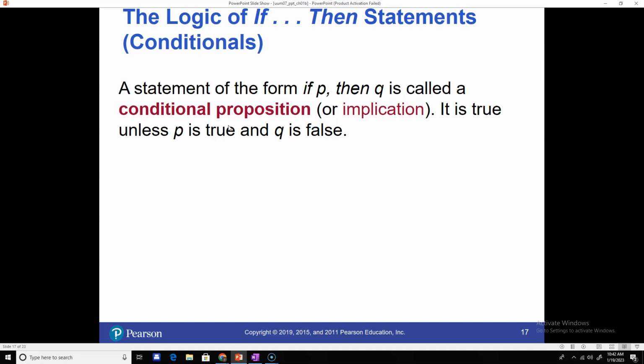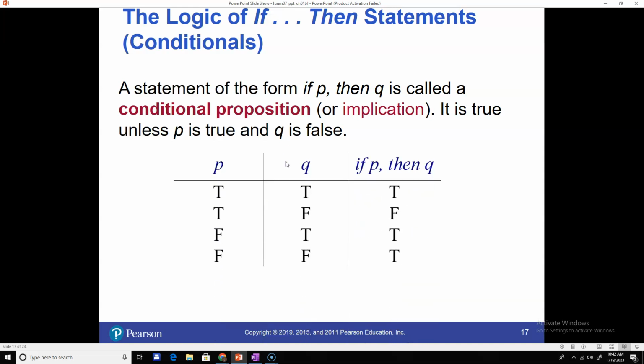So if P then Q, this is known as a conditional proposition or an implication. I tend to use implication, I think. It's true unless P is true and Q is false. Basically, a true statement can only imply a true statement. But if your assumption is false, then anything you say about that can be true. So the only way you get a false implication is if you have a true thing implying a false thing.